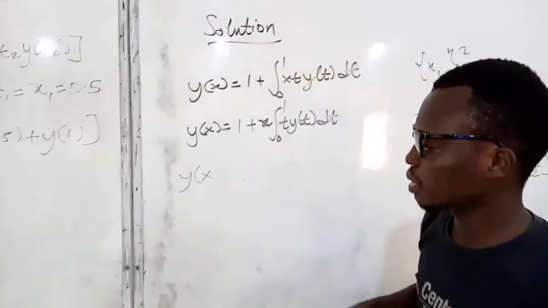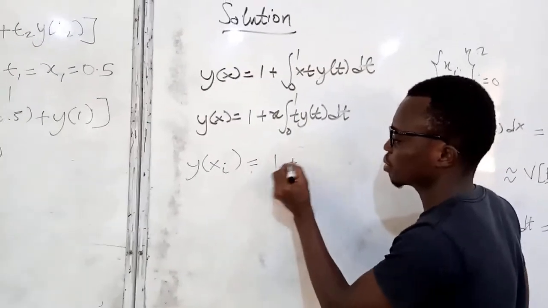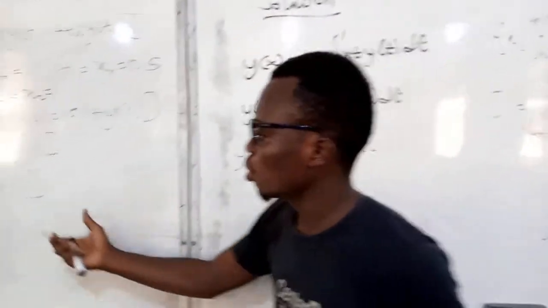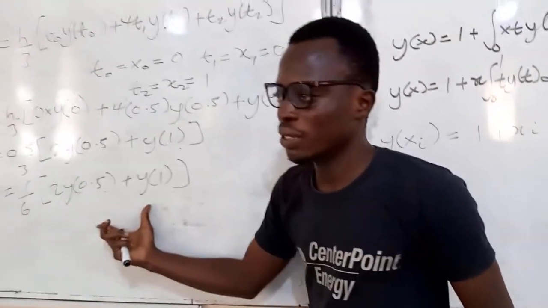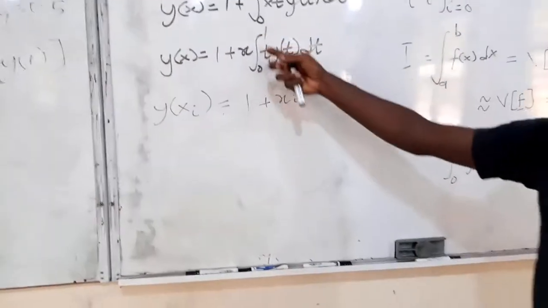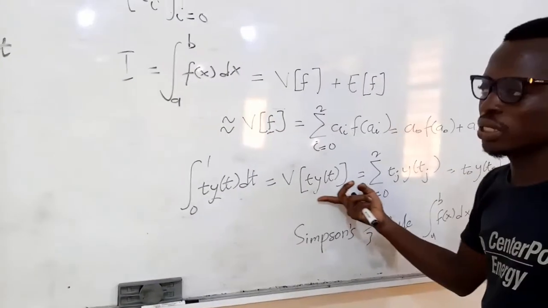So y of s_i equals 1 plus s_i, then we substitute the whole integral from 0 to 1 of y of t dt, which is the same as v of t y of t.